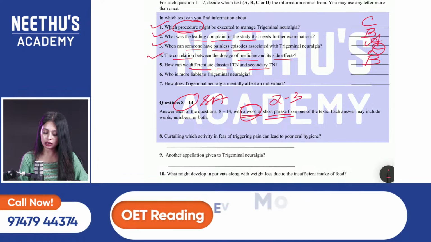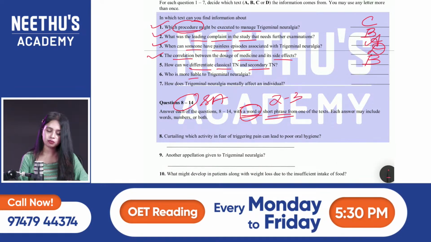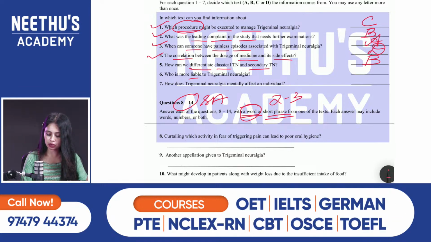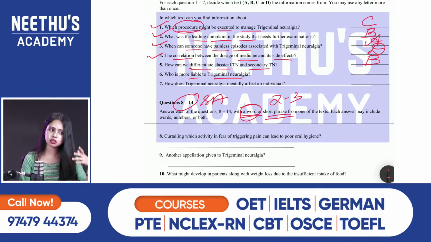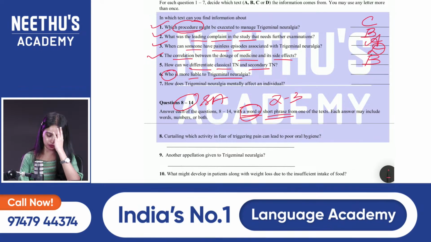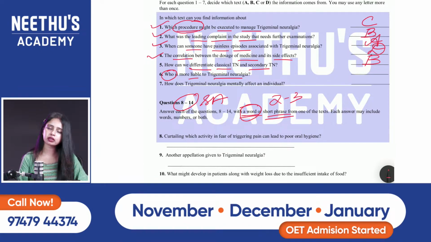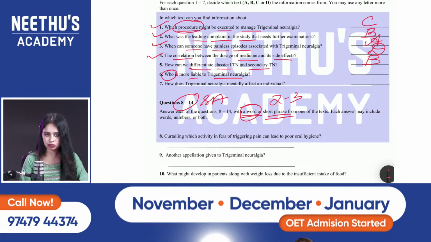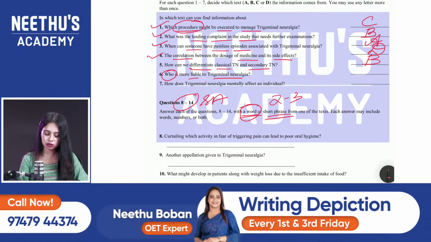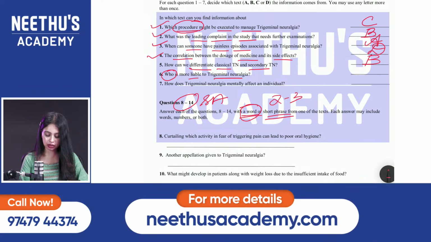Who is more liable? Liable here means more vulnerable. They can easily be affected by this disease condition. What? TN. This is more common among them. Even though it looked like a short answer question, where is it mentioned? Who is more liable to TN? They can be affected very easily.